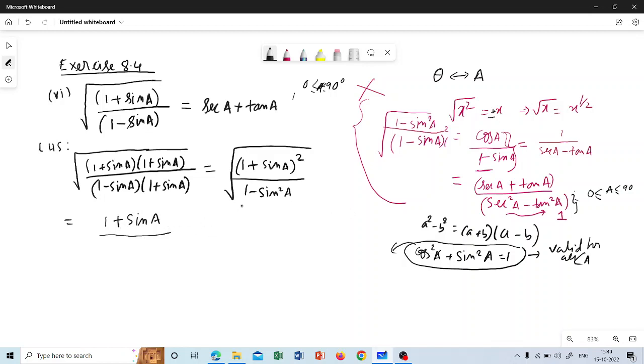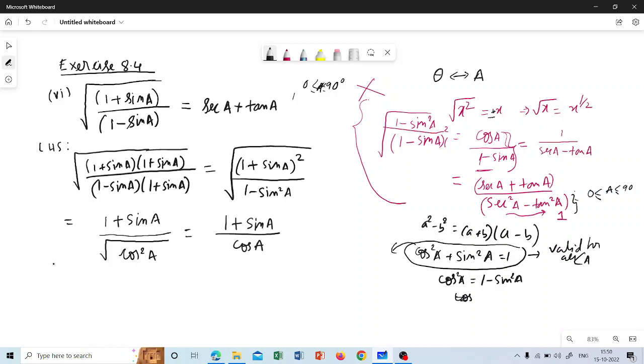So 1 plus sine A, and the denominator, if I write this in terms of cos square A, if I rearrange this identity, then cos square A is 1 minus sine square A. I can replace 1 minus sine square A by cos square A. The square root will remain of cos square A. Again I am considering between 0 and 90 degrees, so I will only take the positive root of cos square A, so it will be equal to cos A. So now in the denominator I have managed to get the cos.